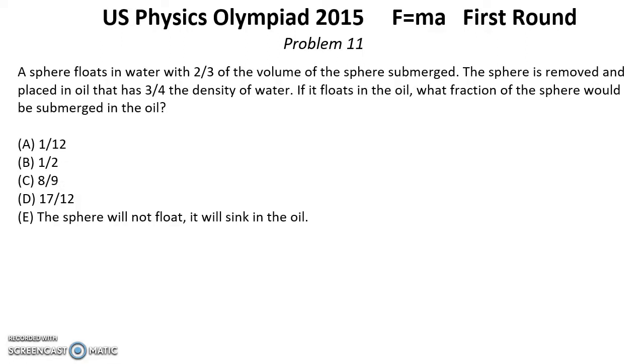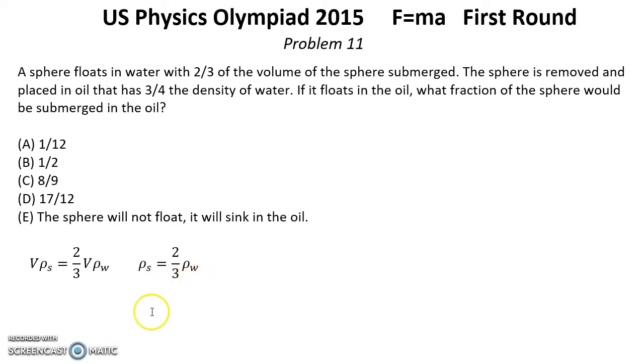Solution. Because 2/3 of the sphere is submerged in the water, we can write the equation: volume of the sphere multiplied by rho sphere equal 2/3 volume of the sphere multiplied by rho water. From here we can find that rho sphere equal 2/3 rho water.